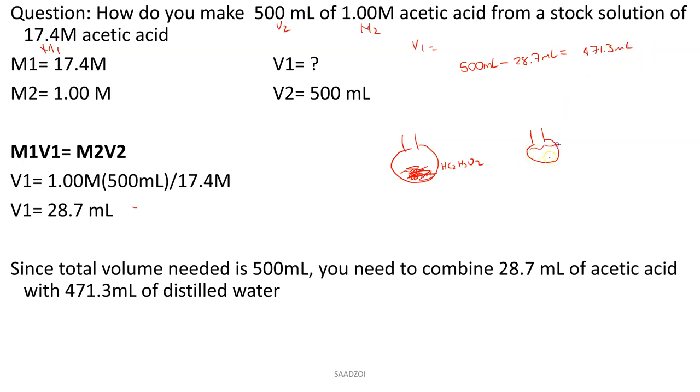So you're going to fill this up with 471.3 milliliters of water, and then you're going to add 28.7 milliliters of your acid. And that's going to create the dilution you're looking for. So now you're going to have 500 milliliters of this solution, with exactly a concentration of 1 molar. So that's how you make that solution.